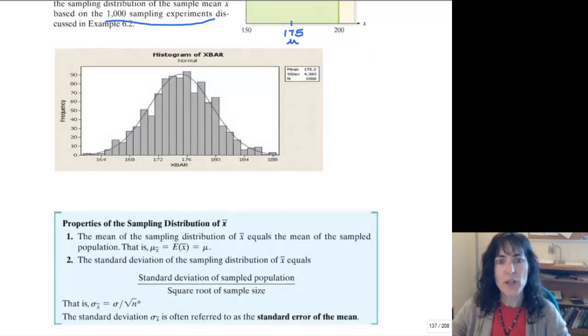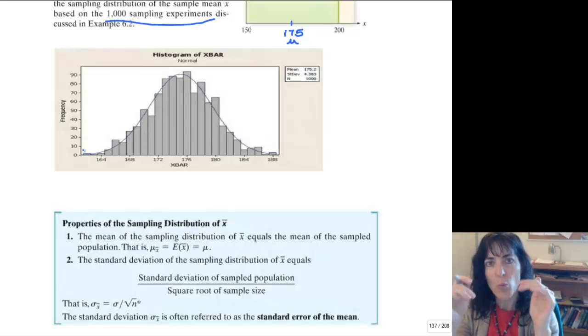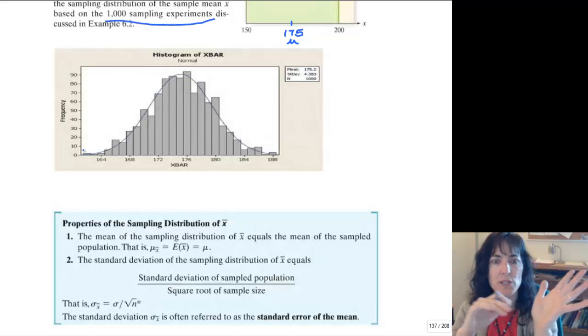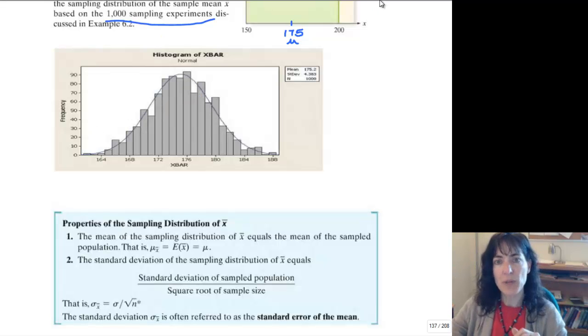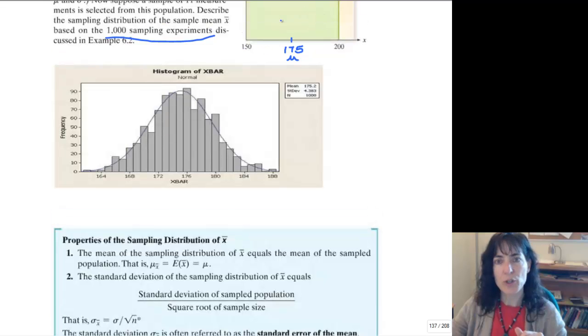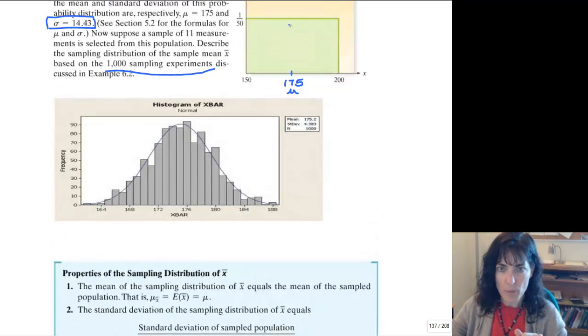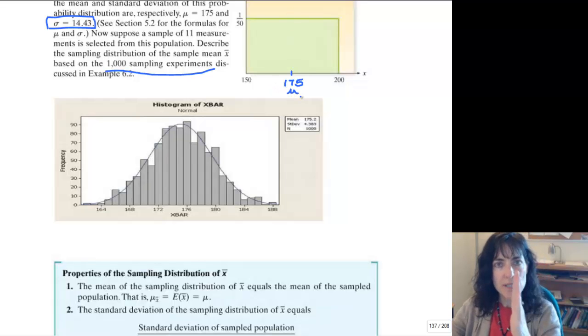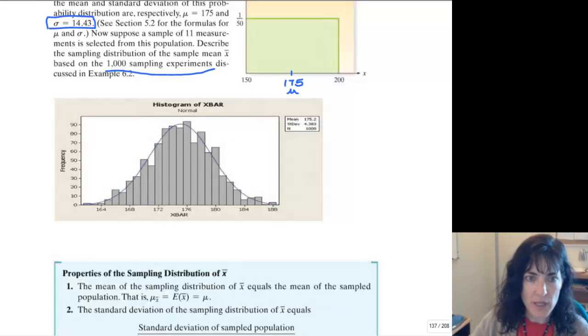Okay, so here's what it'll look like. Here's where all the x bars are going to fall. So we're looking at a bunch, 1,000 experiments, and we're looking at where did the mean fall for each of those experiments. We expected it to be this uniform distribution where our mean was 175. And so we're looking at just the mean for all of our little samples, and here's where all the means fell.